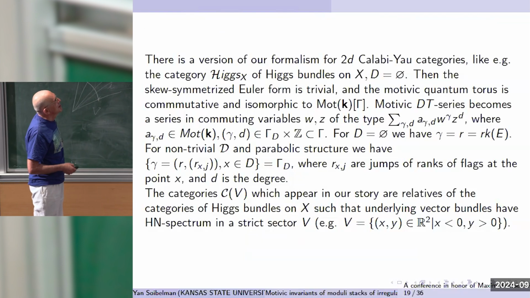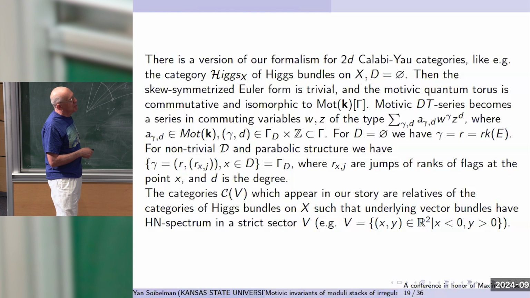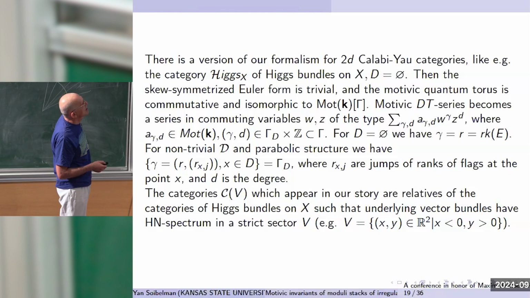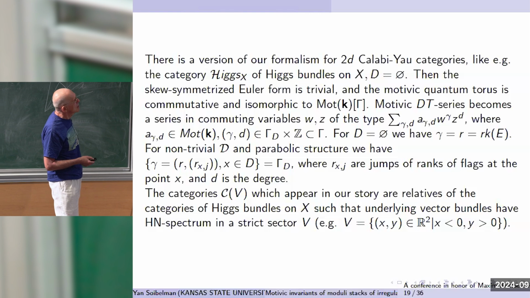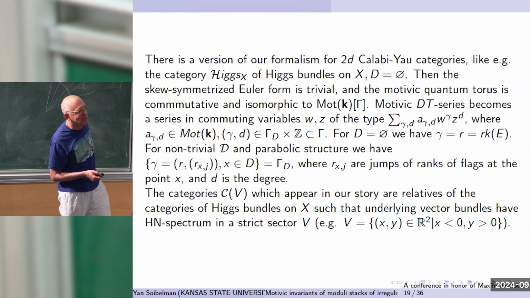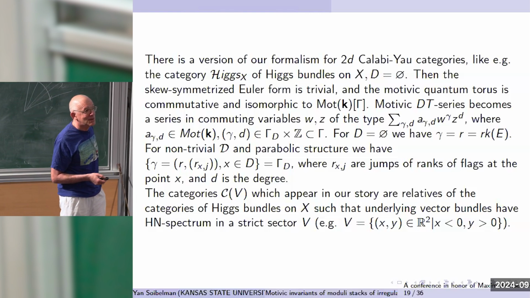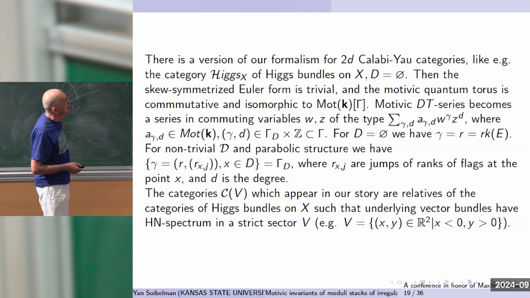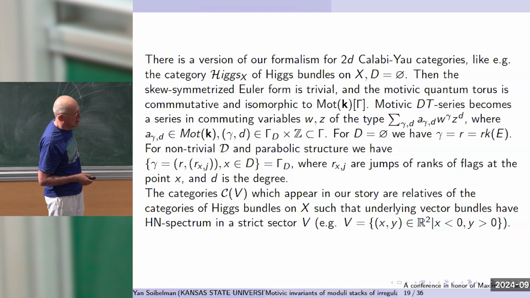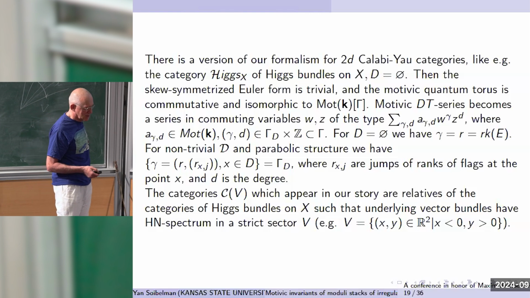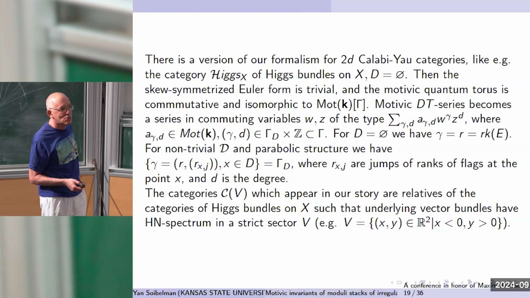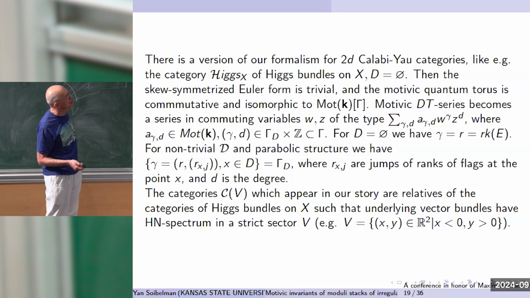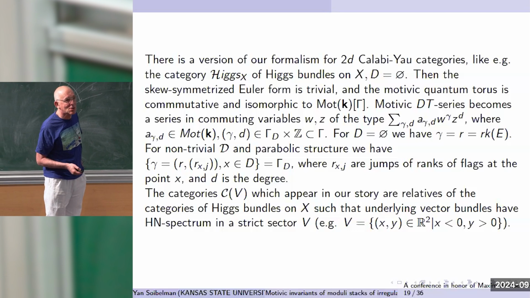All right, so what I spoke about, these quantum tori and other business, was for 3D Calabi-Yau categories, but there is a version for two-dimensional Calabi-Yau categories, like the category of Higgs bundles, with no singularities at all. Then its homological dimension is 2, so the Euler form is symmetric, so skew-symmetrizing gives us 0.